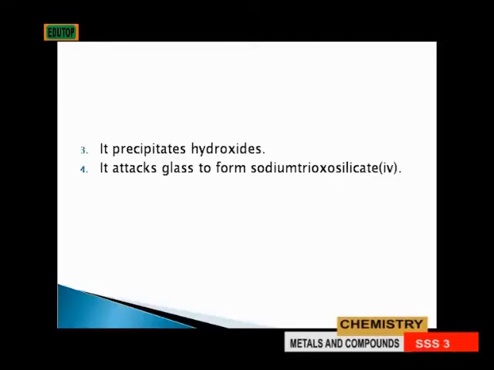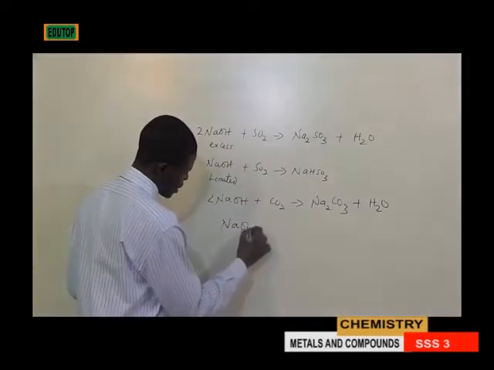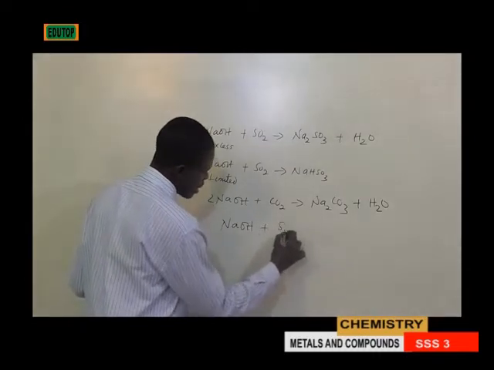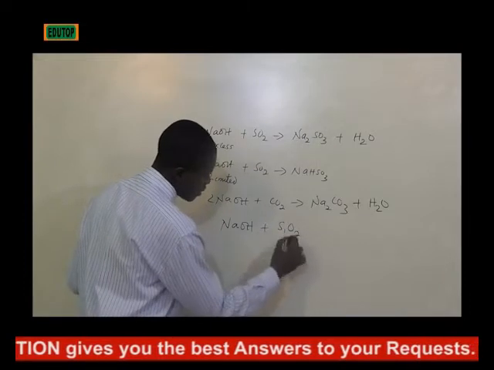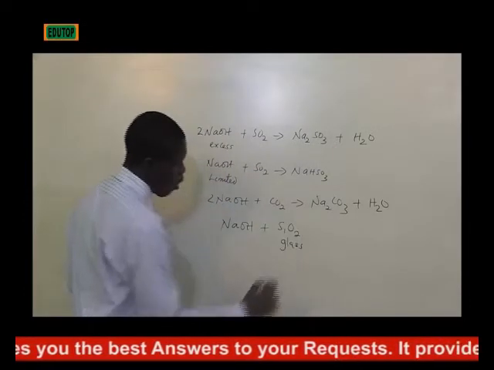Hydroxides. Number 6, it attacks glass to form sodium trioxosilicate 4. Sodium hydroxide attacks glass. The primary constituent of this glass is silicon 4 oxide.